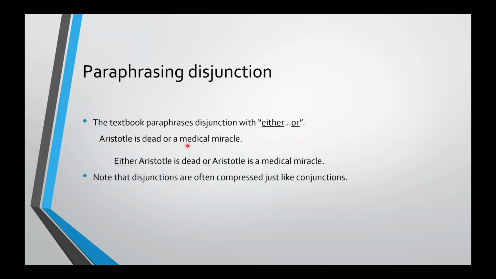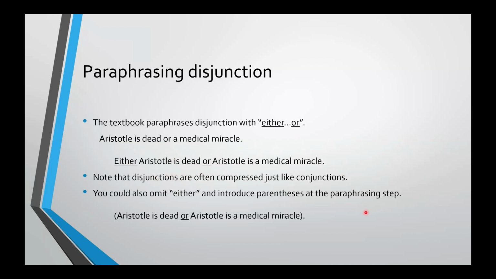So Aristotle is dead or a medical miracle gets turned into two separate sentence letters like this. At the paraphrasing step two, you may also want to drop the either and introduce parentheses, the same way as we talked about with conjunction. You may find this an easier way to paraphrase it.